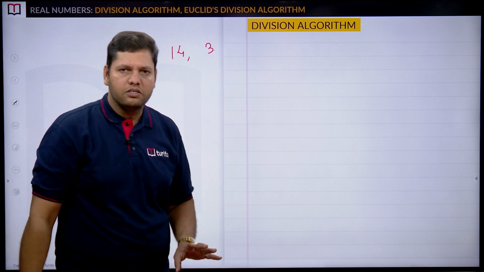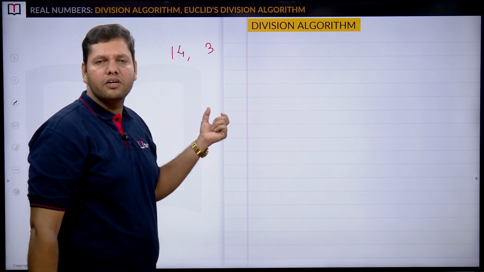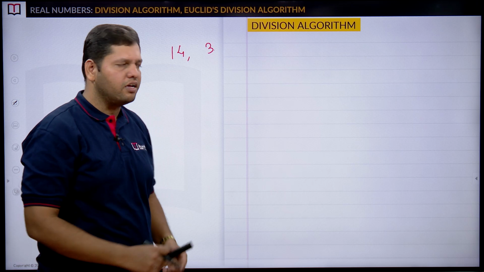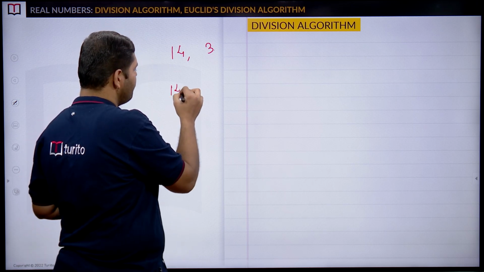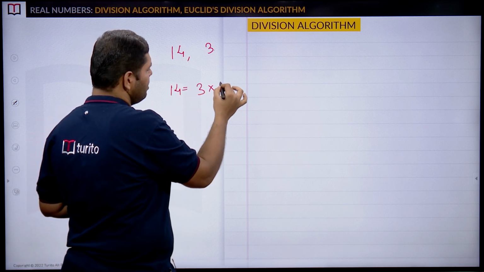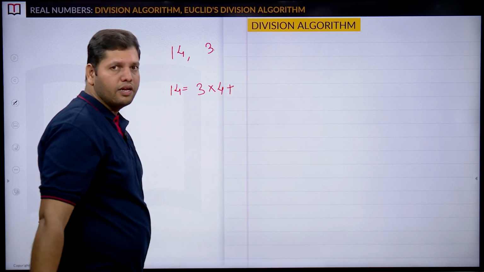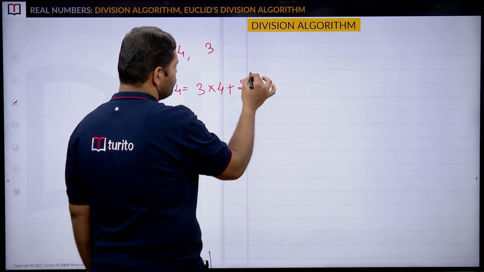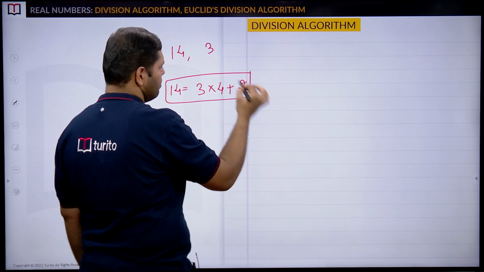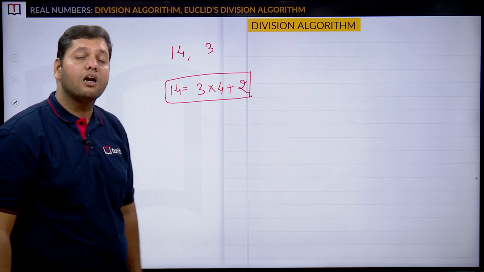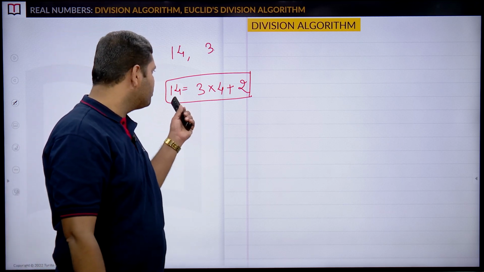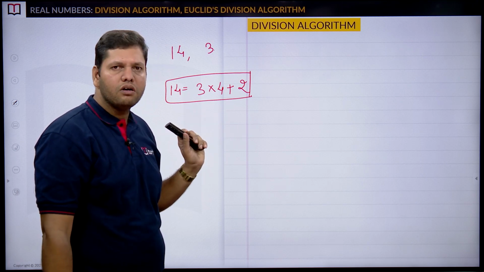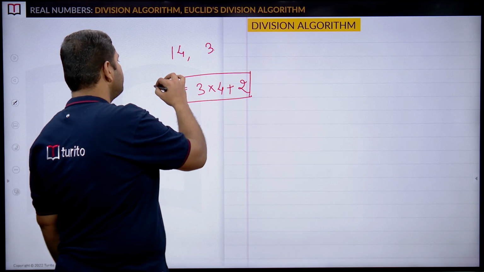So I write 14 is equal to 3 into 4, that is 12, and the leftover number is 2. So 12 plus 2 is equal to 14. This formation is called a division algorithm.